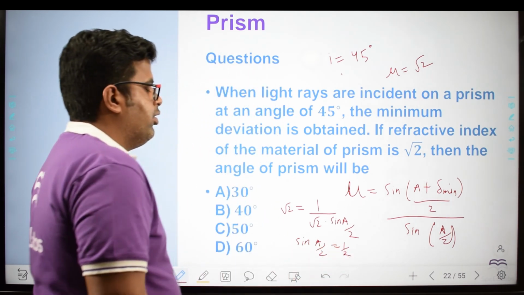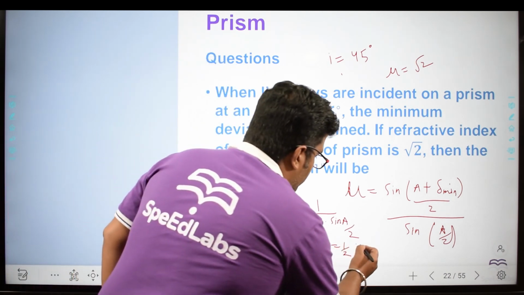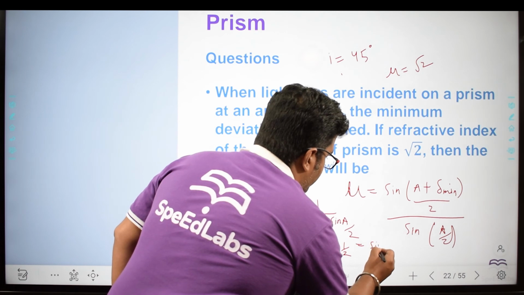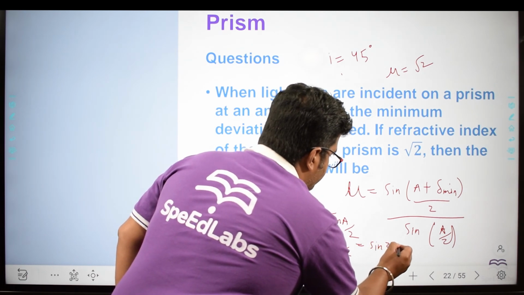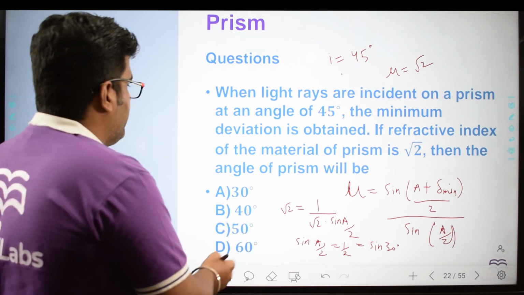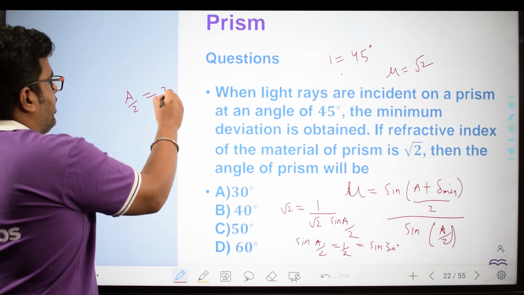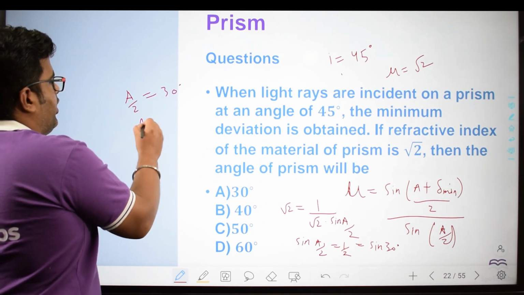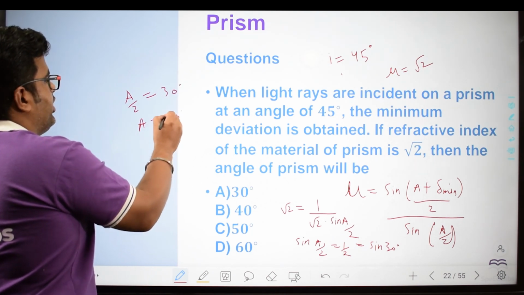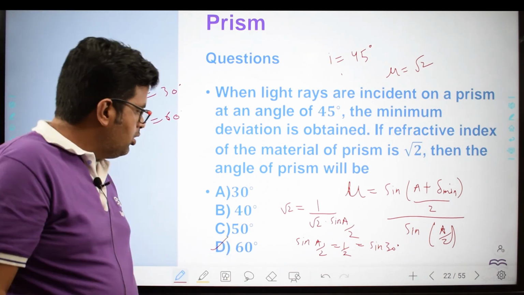Now 1 by 2 is basically sine of 30 degrees. So 1 by 2 can be written as sine of 30 degrees. Now the sine gets cancelled out. So ultimately we have A by 2 equals 30 degrees. So what will be the value of A? A is going to be 60 degrees. So that's the correct option.